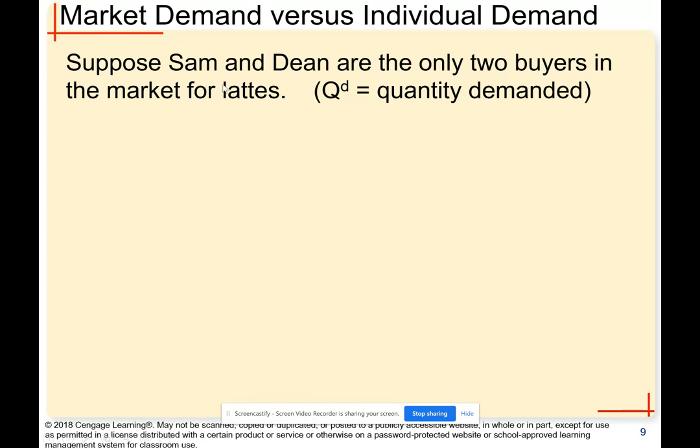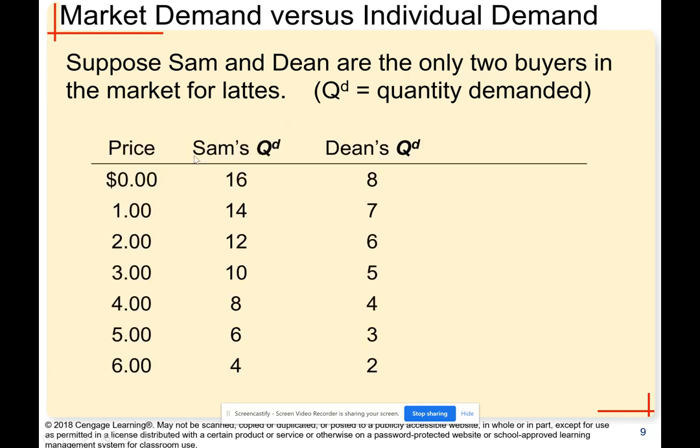Suppose the market has two individuals, Sam and Dean, who are the only two buyers in the market. How can we derive the market demand? So we show the schedule for both Sam and Dean, and we can see the quantity demanded at each price.